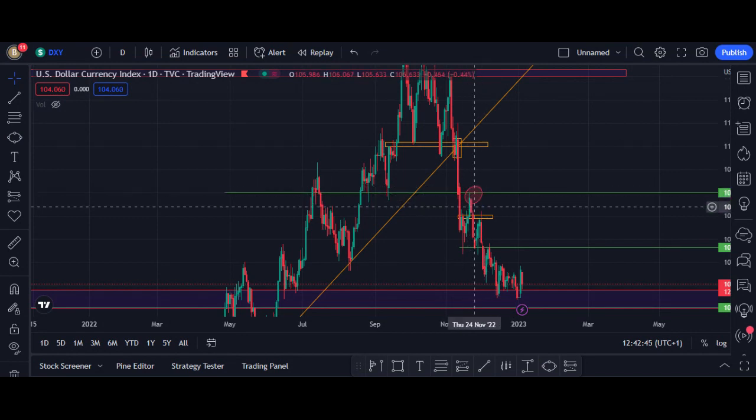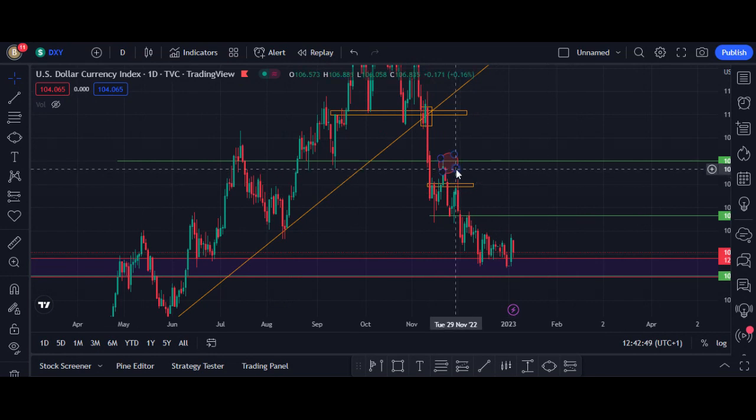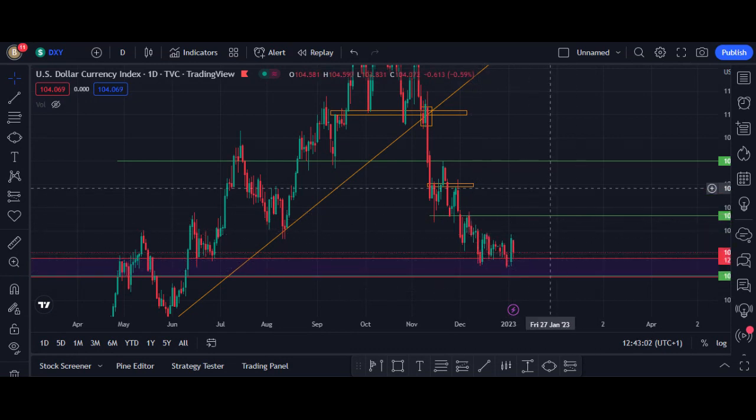But the moment it started rejecting here, it was very obvious that we are still bearish. So what was price doing? Price was giving us a series of lower highs, lower lows, lower highs, lower lows, sort of.